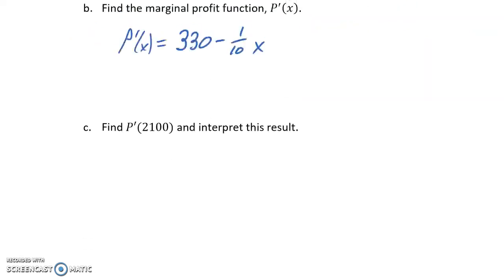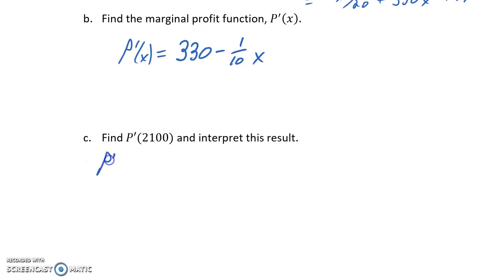In part C then, what we want to do is evaluate the marginal profit function at a production level of 2100 units, which would give us a result of 120, which in this case is greater than 0, so our profit function is increasing at this production level.